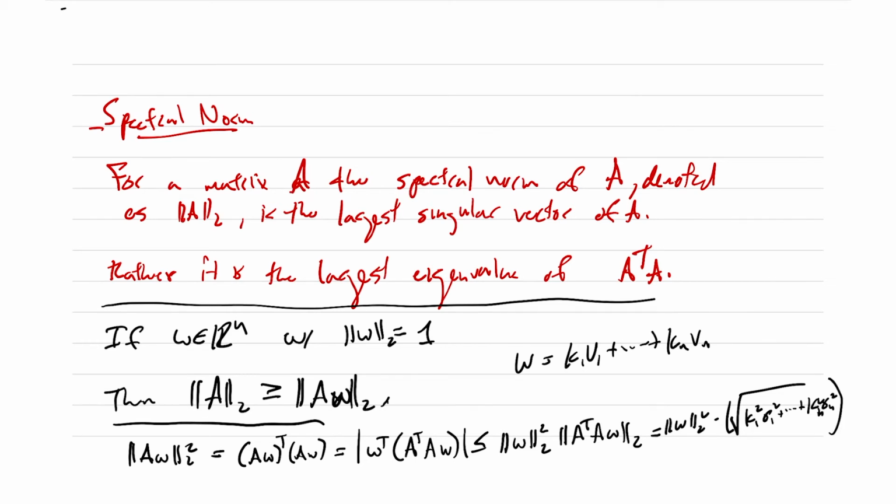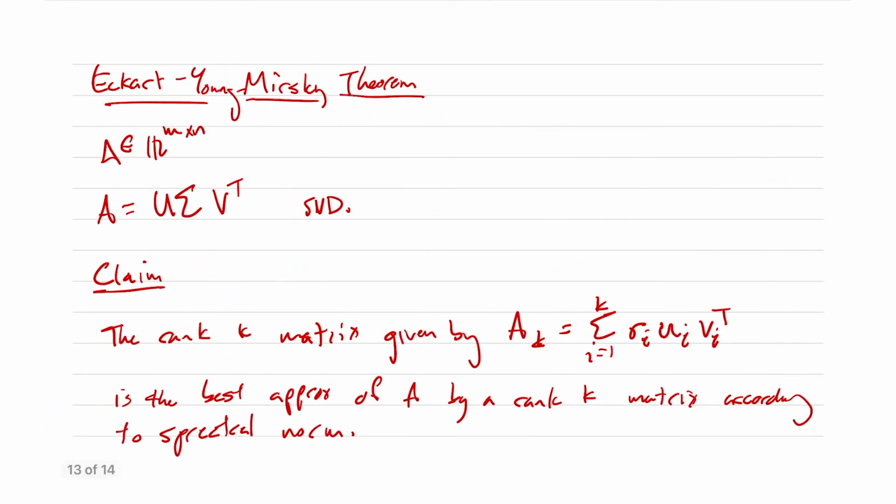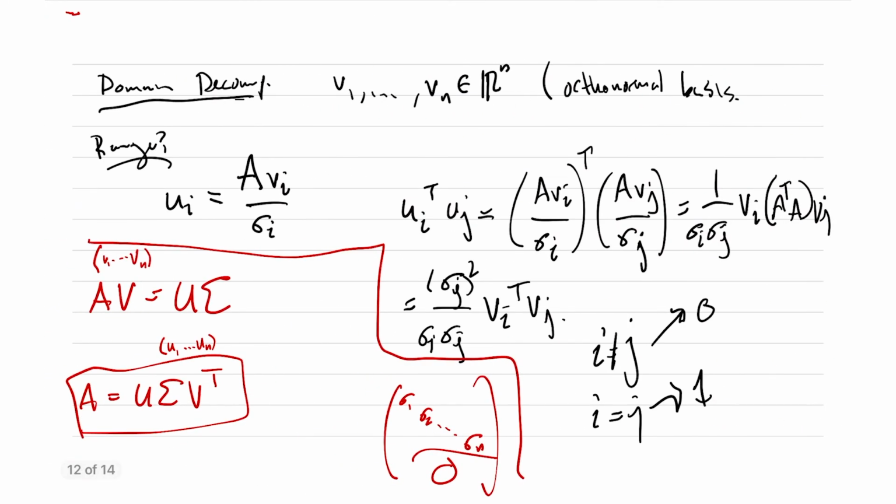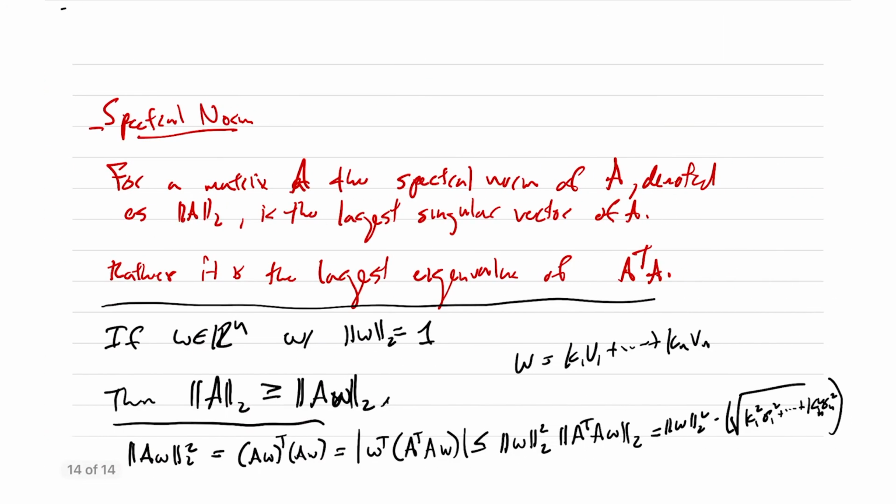I should mention, I didn't mention it before, we write this in decreasing order. So sigma 1 is bigger than sigma 2, bigger than all the way down to sigma n. We know that these k's in norm have to add up to 1 because W is of norm 1, and since W is of norm 1, that means that this is 1 as well.